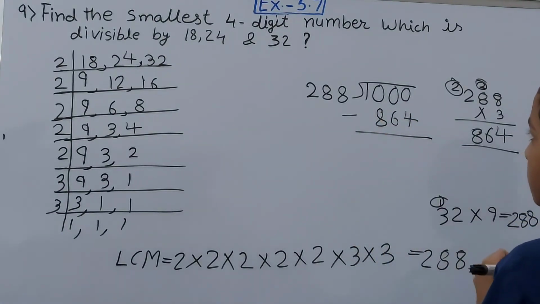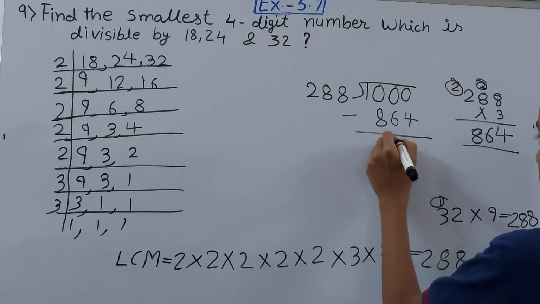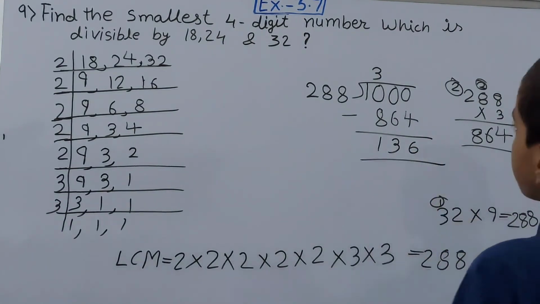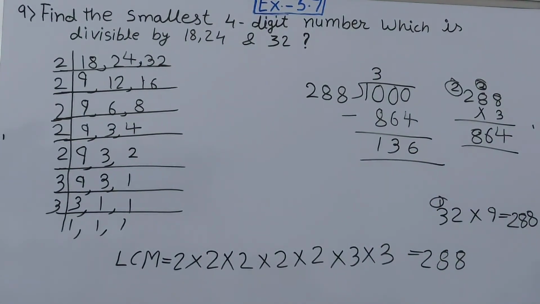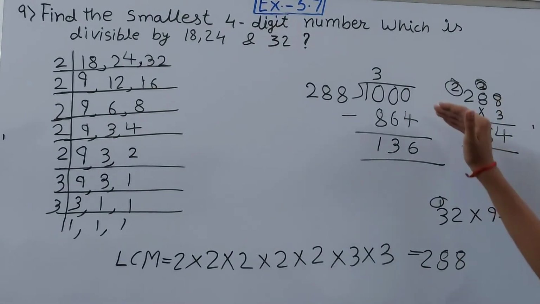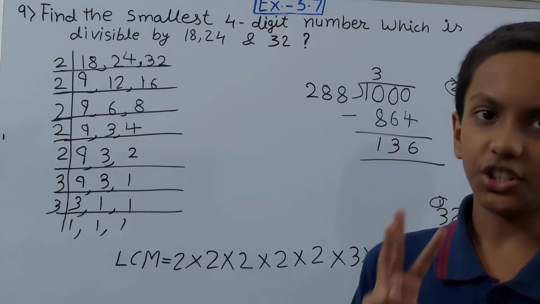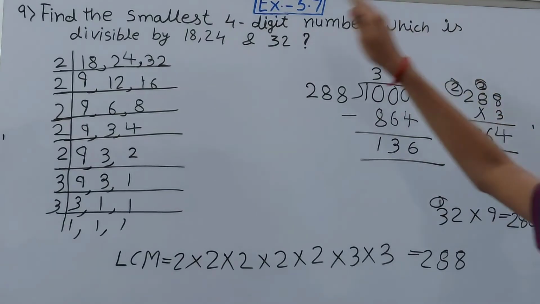So that leaves the remainder as, yes, it is 136 and 3 here. So friends, you see, here we have done the division and we have got a remainder, that is 136. That means 1000 is not divisible by 288. But here at the place of 1000, if there had been 864, then it could have been divisible by 288. But 864 is a 3-digit number and we need to find a 4-digit number.